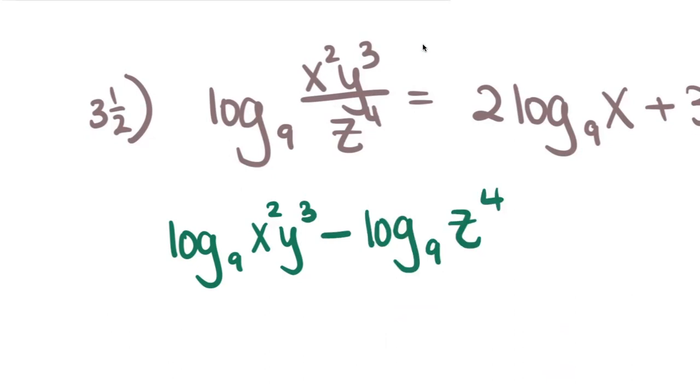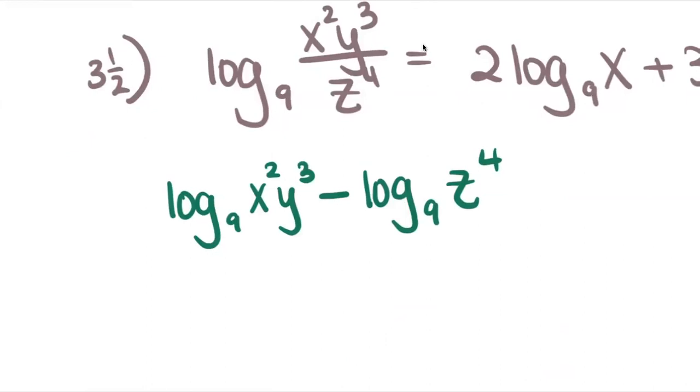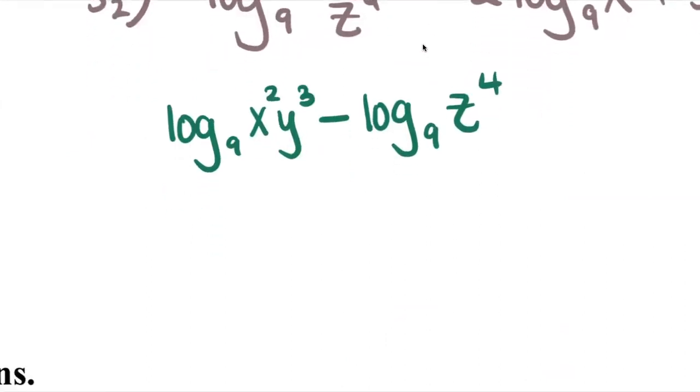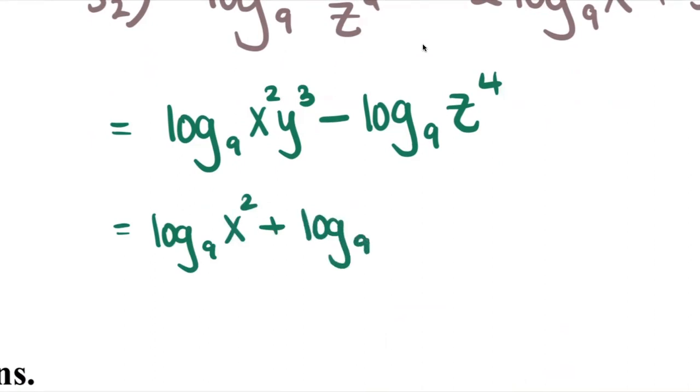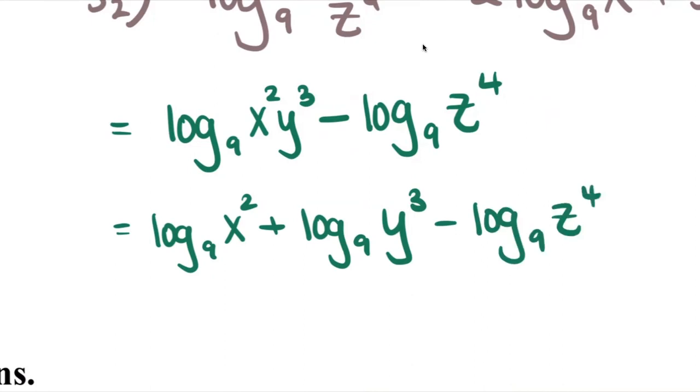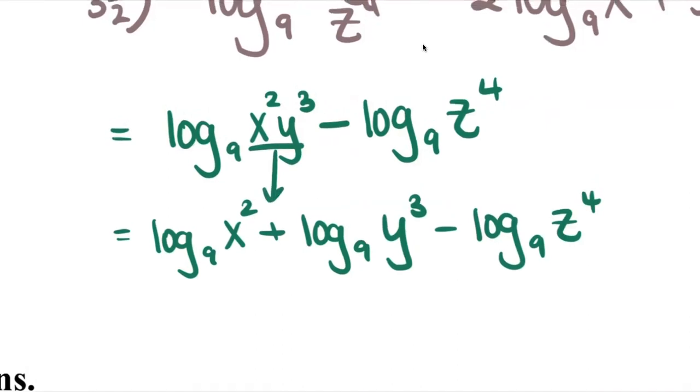Then using the first property, I can split these up to be log base 9 of x squared plus log base 9 of y cubed minus log base 9 of z to the fourth. So again, product became addition.